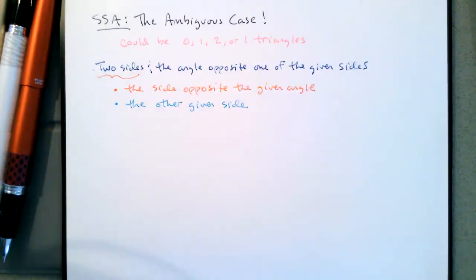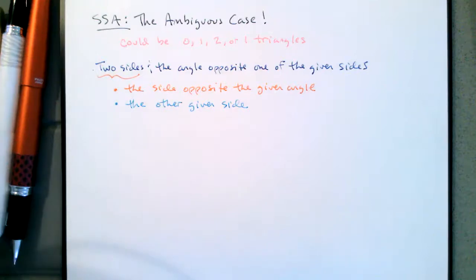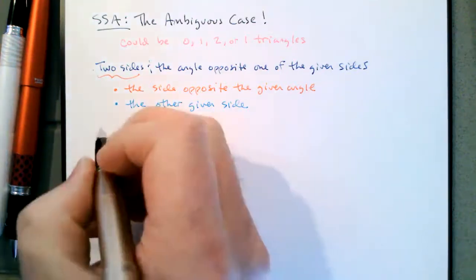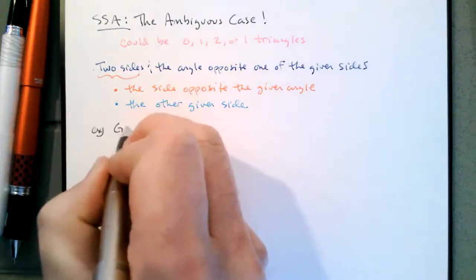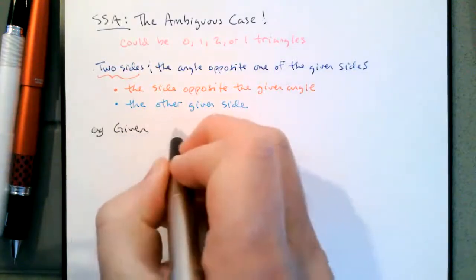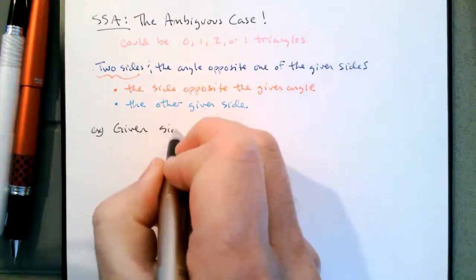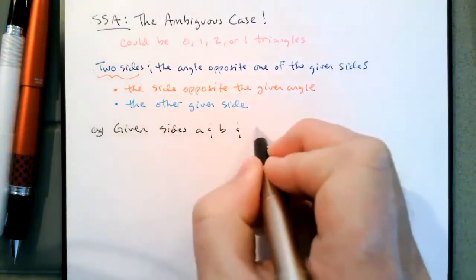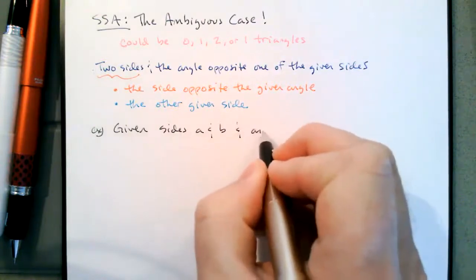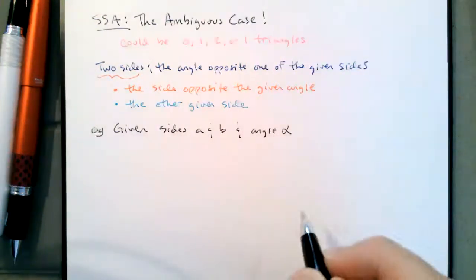So for example, a set of information might look like, I might be given sides A and B and angle alpha.